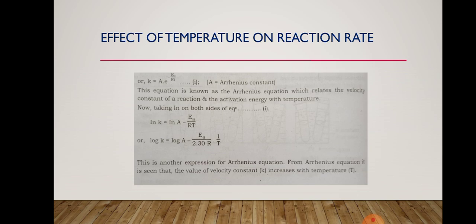Scientist Arrhenius expressed his opinion on the effect of temperature on the rate of reaction in 1889. According to his opinion, the rate of reaction increases twice or thrice of the normal state for a 10 degree centigrade increase in temperature.